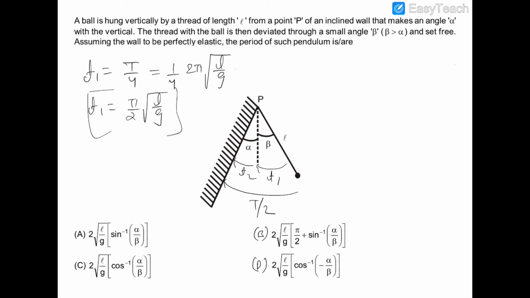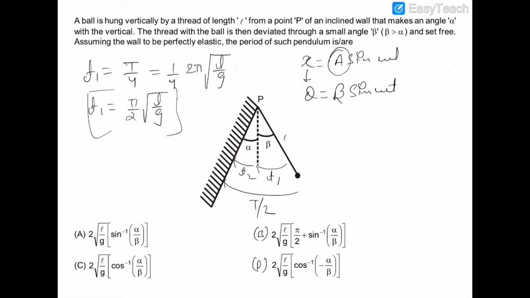So let us write down the equation of SHM of this simple pendulum in angular form. In linear form, we know that x is equal to a sine omega t. And in angular form, x will be replaced by angular displacement, which is theta. This is the maximum angular displacement, which is beta in this case, and this is sine omega t.